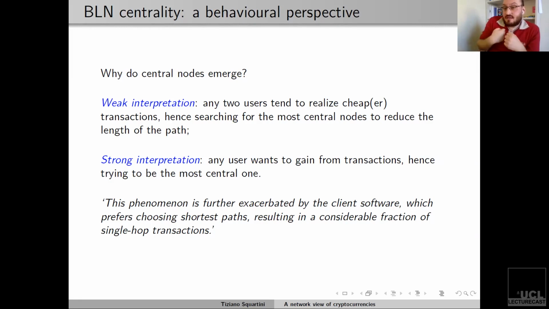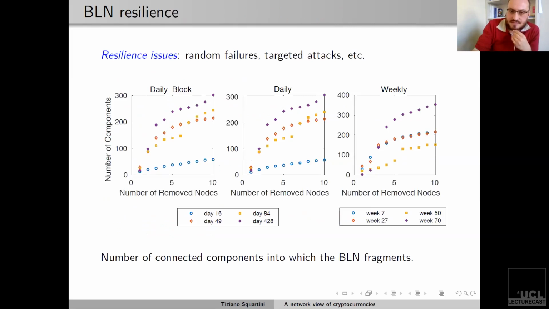So if I want to exchange money, I have to find the shortest path. And typically, a short path crosses a very central node. So there is an incentive in creating these central nodes because they let the payment be less expensive than otherwise. So this can be the explanation for this emergence of the hubs.